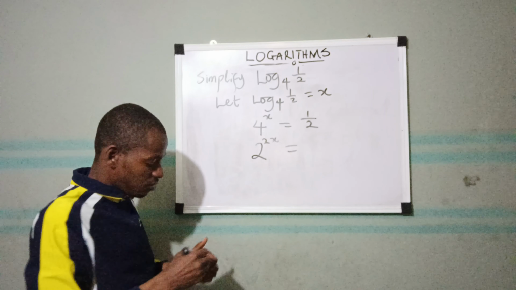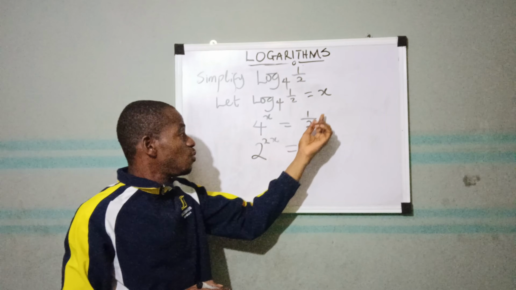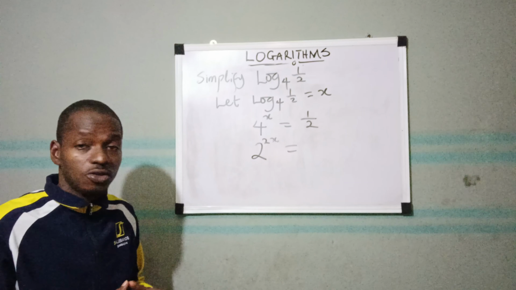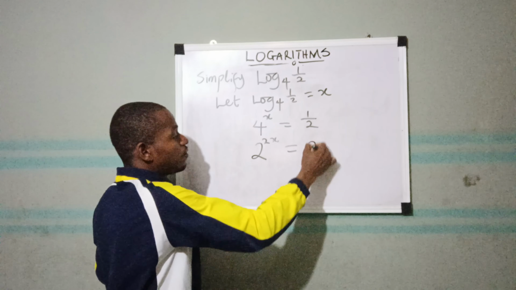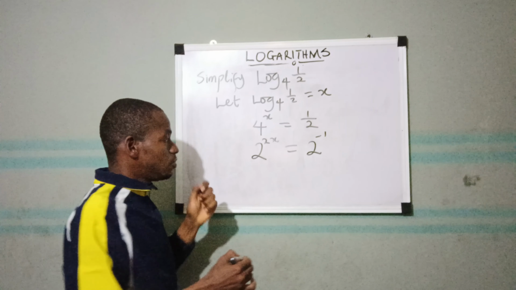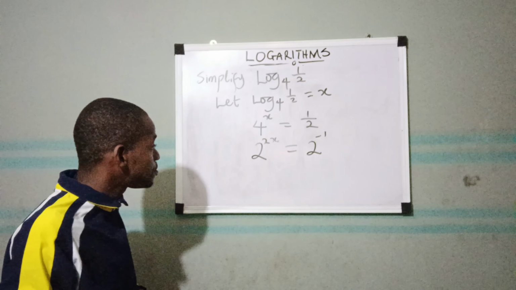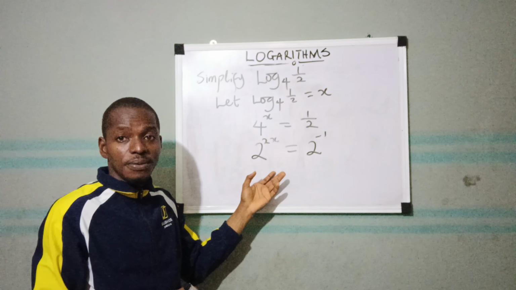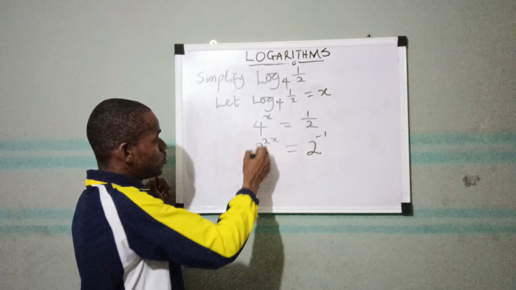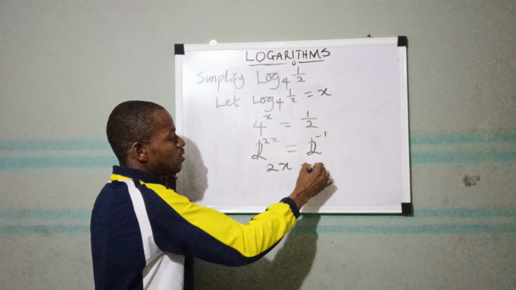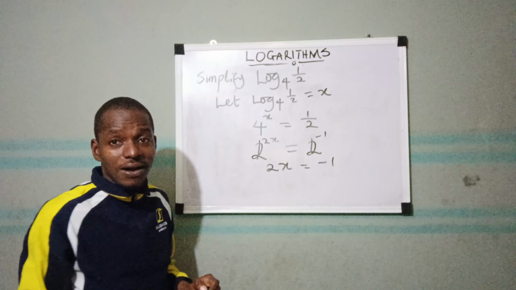And from our indices, 1 over 2 can be rewritten in the reciprocal form as 2 raised to the power of negative 1. Now, the two of them have the same base, so we can cancel out the 2, so we have 2x is equal to negative 1.